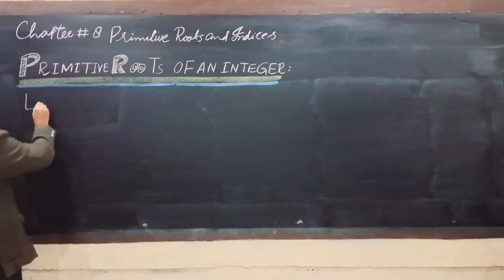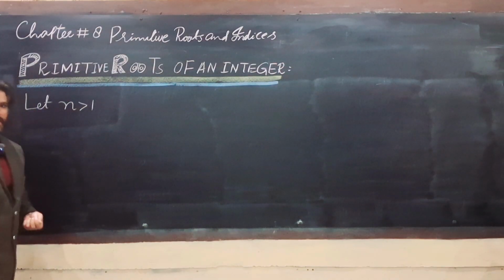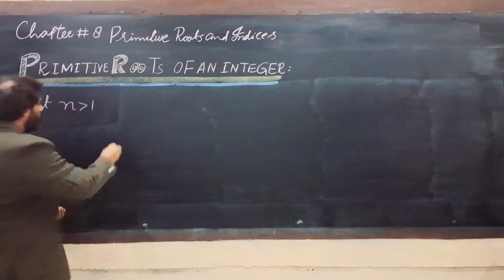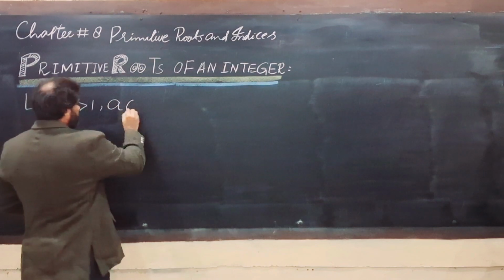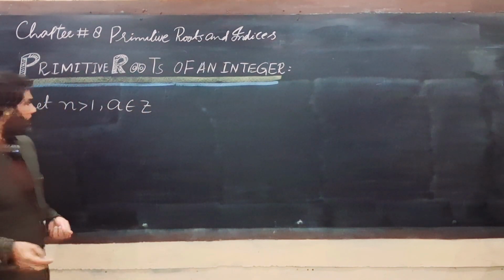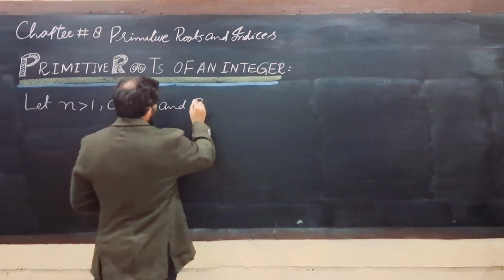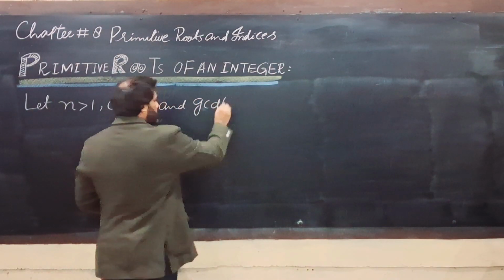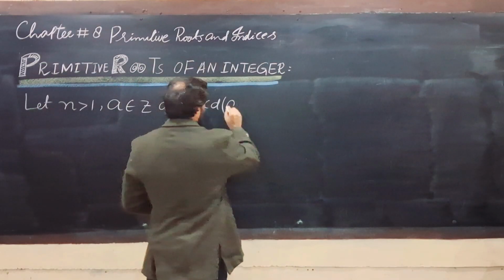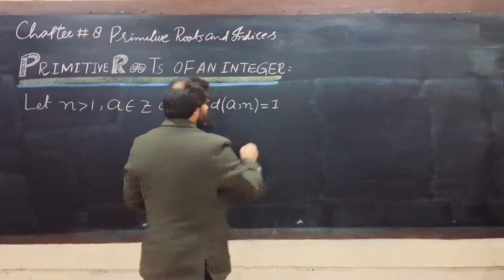Let n greater than 1 be a positive integer, and a is an integer. It can be negative or positive both, and the GCD, greatest common divisor, of a and n is equal to 1.